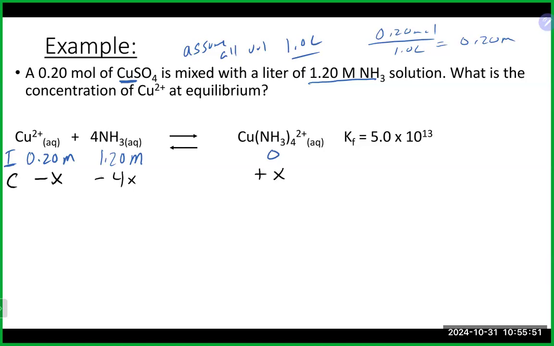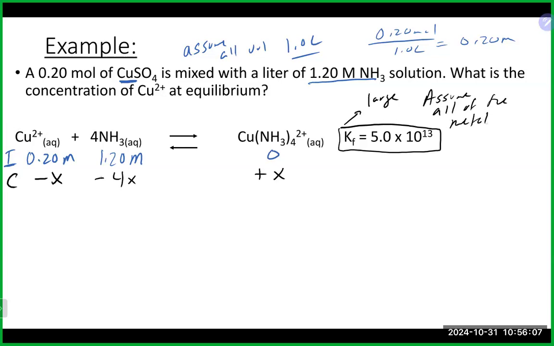Now, the first assumption that we make when we do these problems is based off of the KF value. As I mentioned before, these are usually very large values. And we assume that essentially all of the metal ion gets used up.